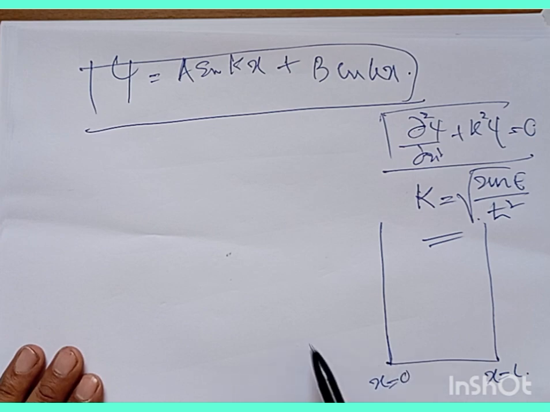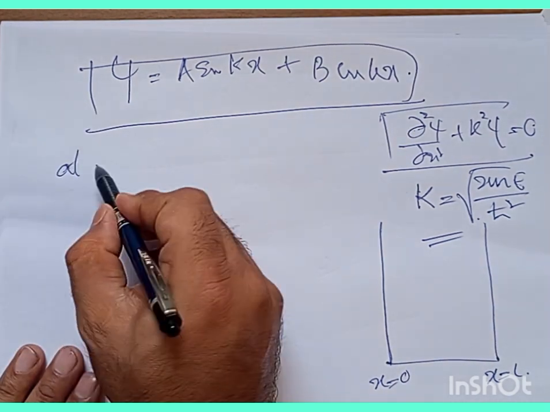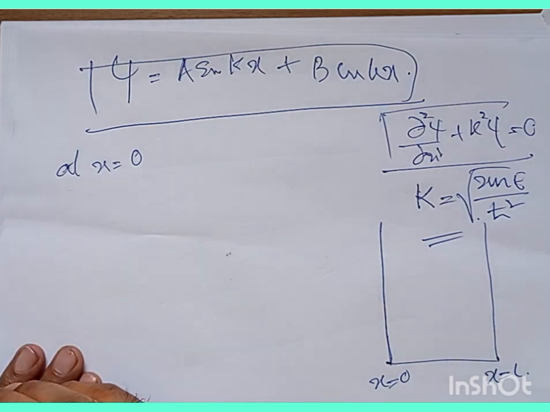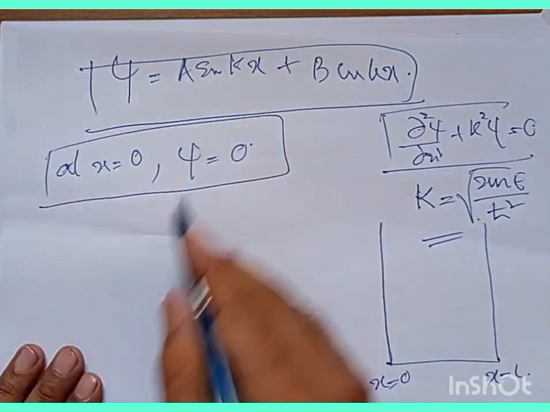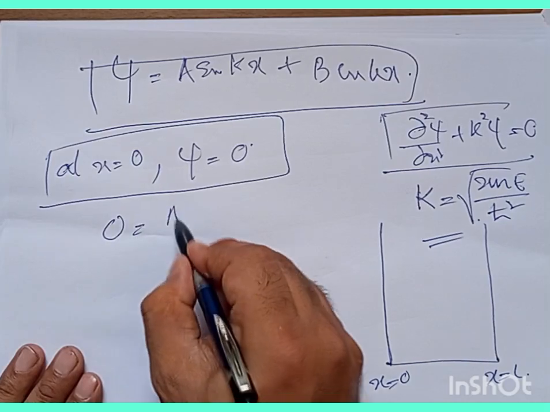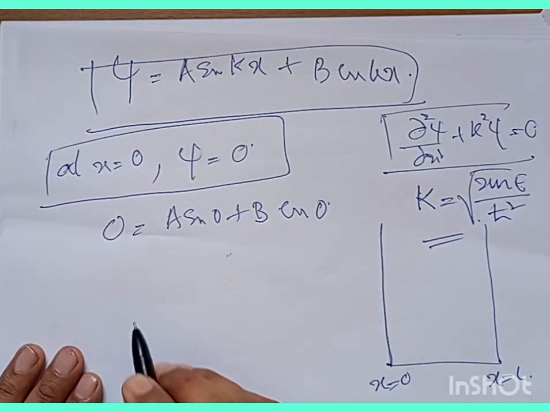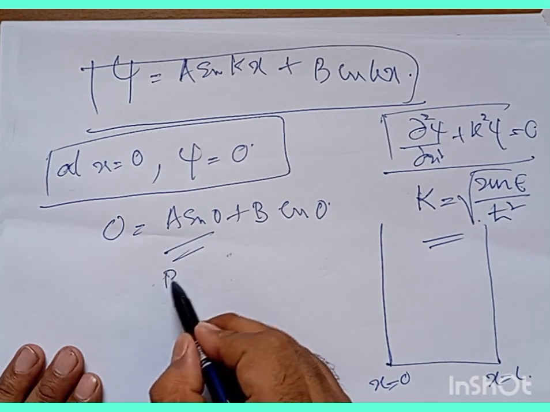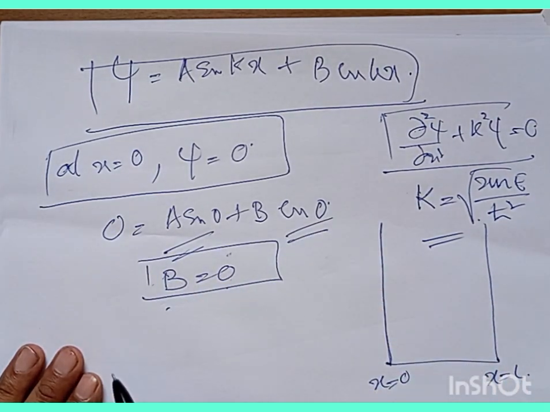Now if we exploit the boundary condition here, say for example at x equals 0, psi will be equal to 0. So we have 0 equals a sin 0 plus b cos 0. Now sin 0 is 0, and cos of 0 is 1, so b must be equal to 0.